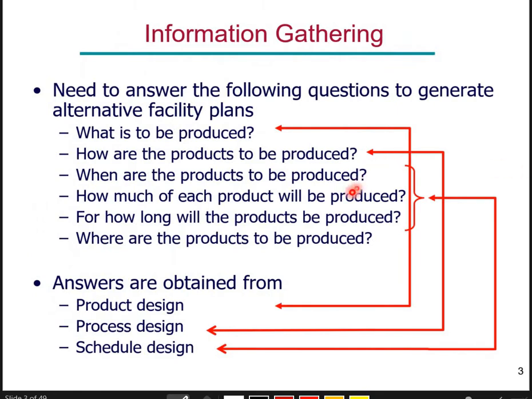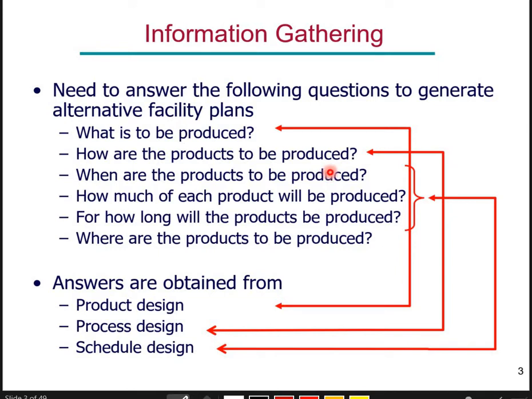In order to generate alternative facility plans, we need to answer several questions. So what are these questions? What is to be produced? What are we going to produce? We need to answer this question. How are these products to be produced?